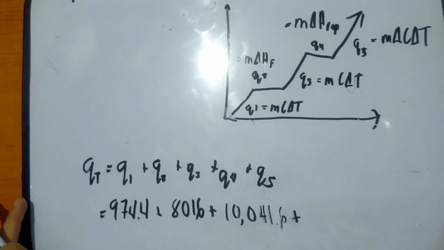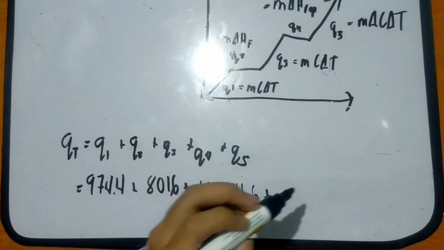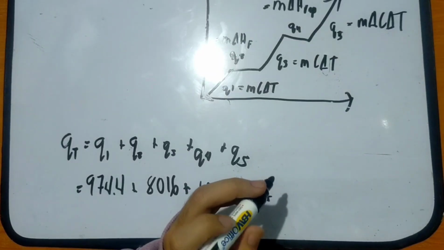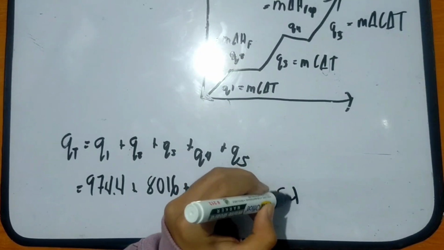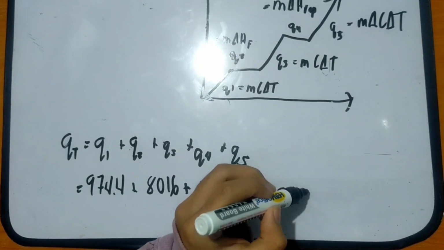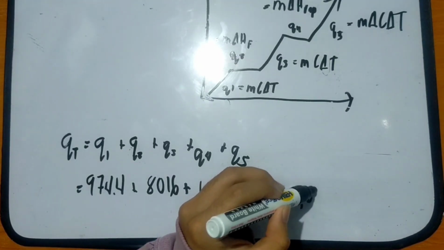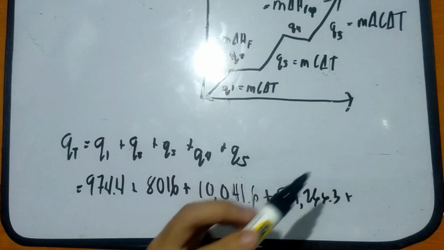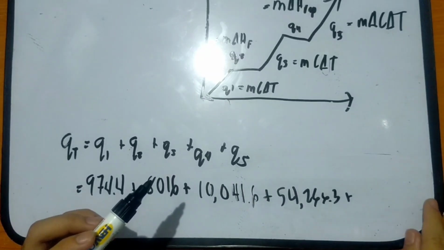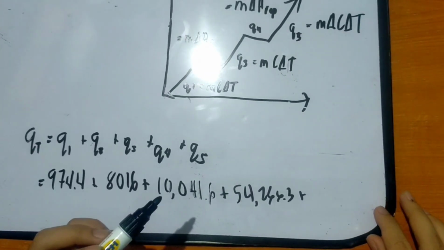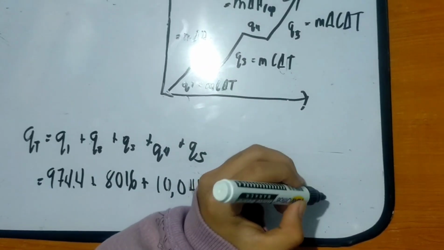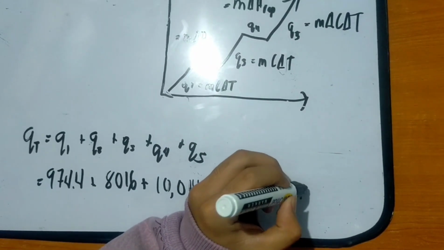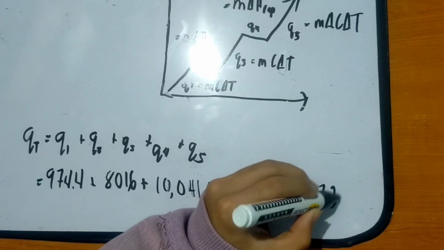Oh, sorry. Hindi pala kita. Okay. And next, our Q4, its value is 54,266.3. And then lastly, we have the value of Q5, which is 7,236.